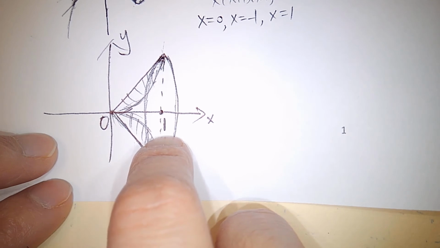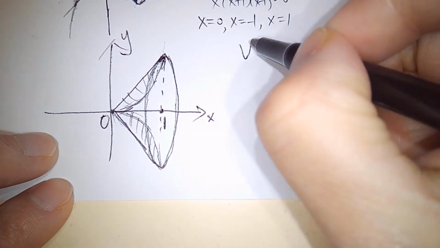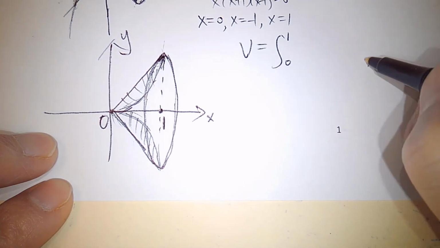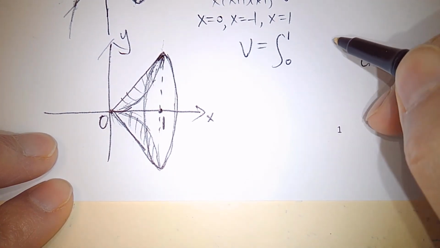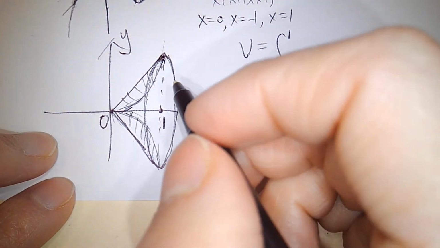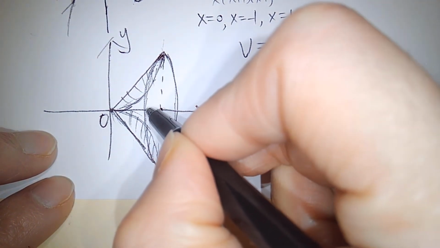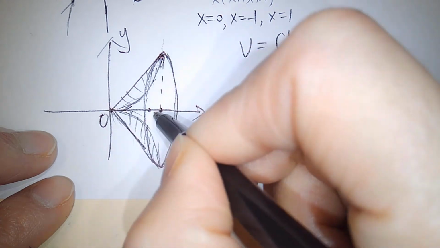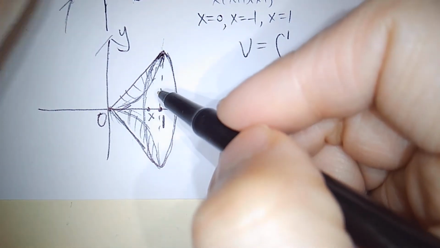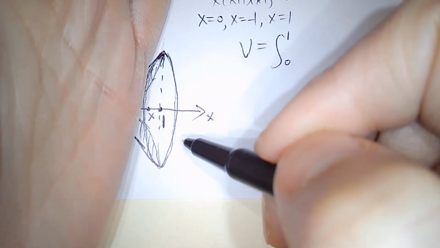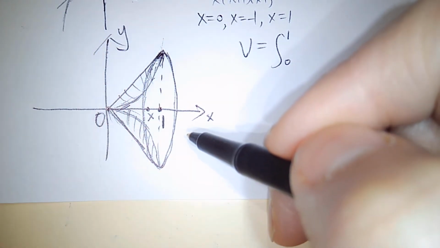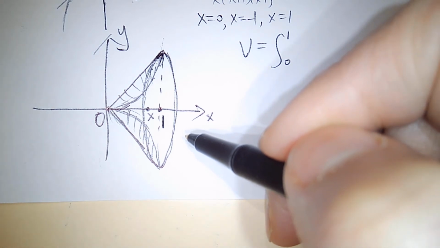So volume equals the integral from 0 to 1 of dx, and we need to find the area of the intersection, right? Say for example, we choose any x between 0 and 1. This is x. What do we do? Use a knife, cut through this solid at x equals x. What intersection can we get?